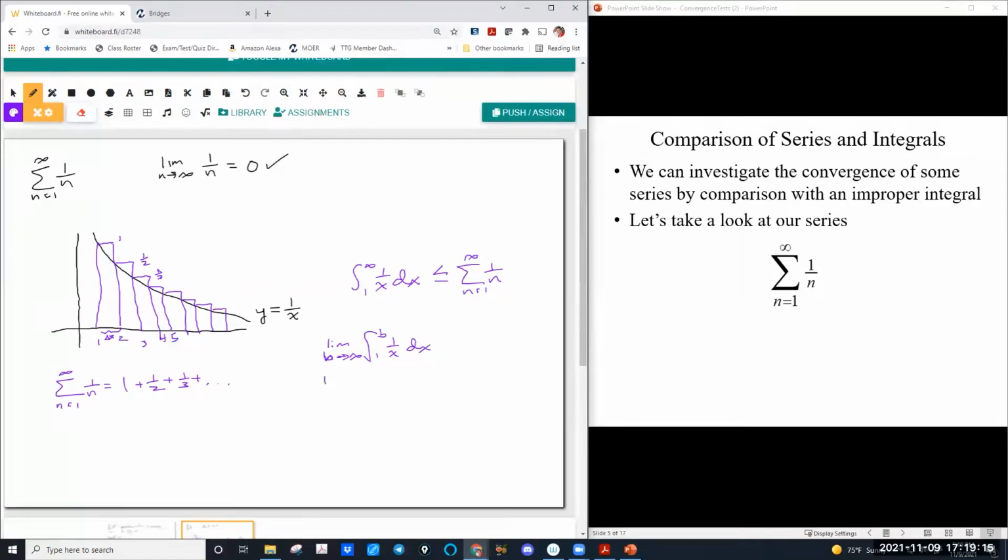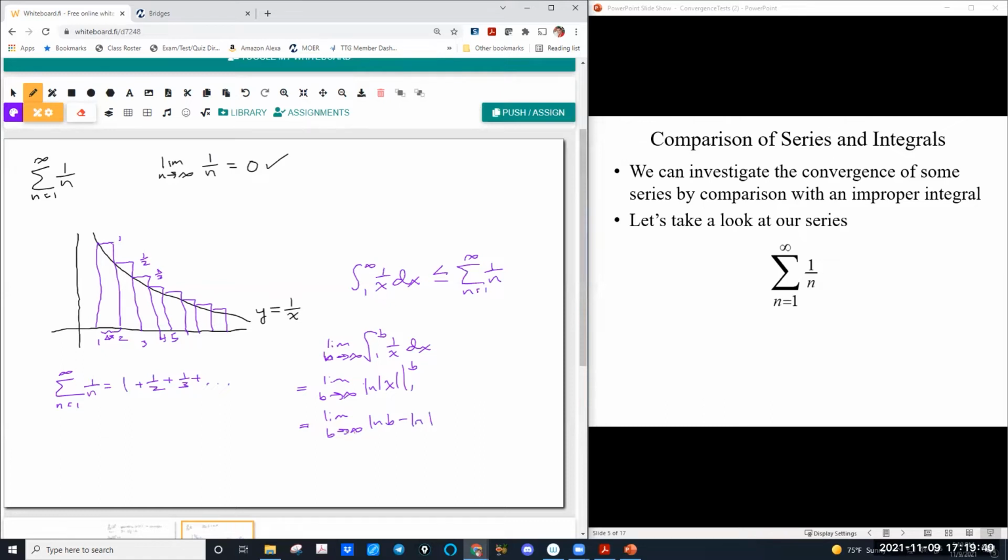And then we do our antiderivative. So limit as b goes to infinity of ln of the absolute value of x from 1 to b. Our limits are going to be positive, so we don't really need the absolute value. So limit as b goes to infinity of ln of b minus ln of 1. ln of 1 is just 0.